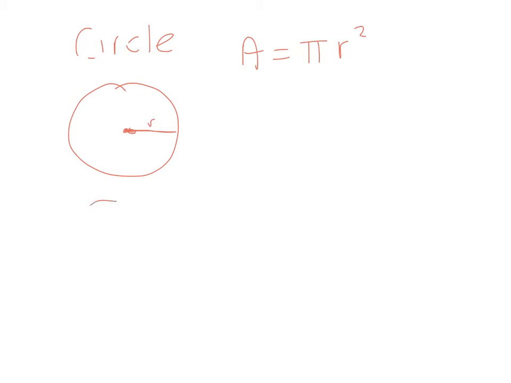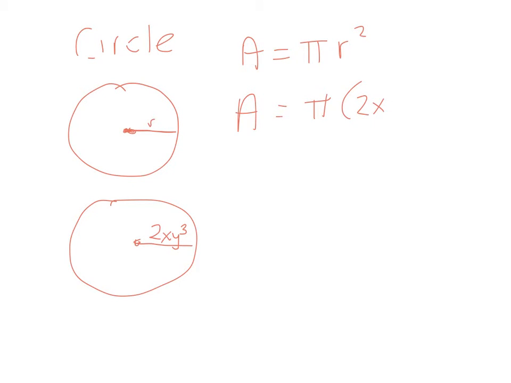So if you have a circle and the radius is, say, 2xy to the third, then the area is going to be pi times (2xy to the third) squared. So that means the area is pi times everything going to the second power.